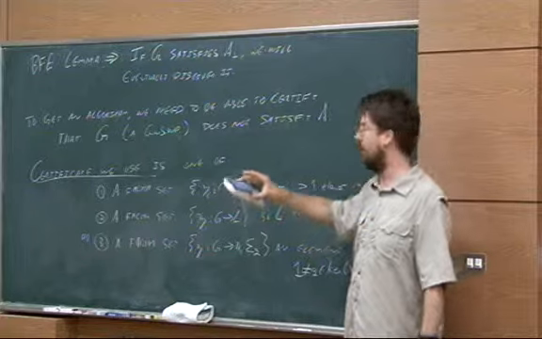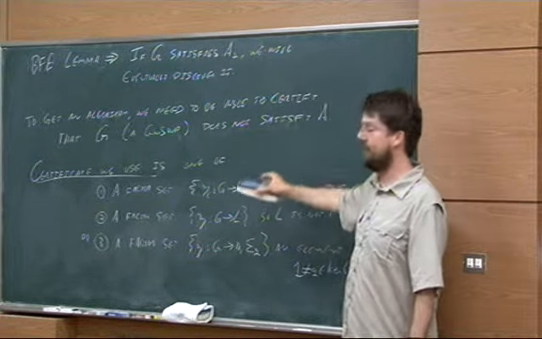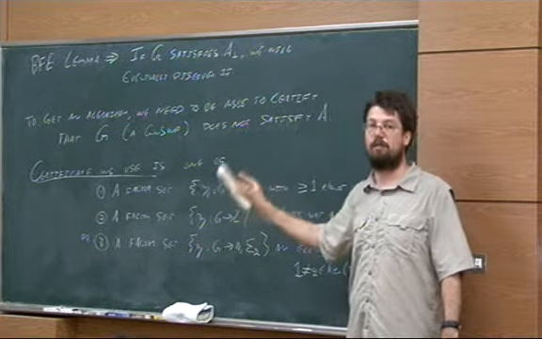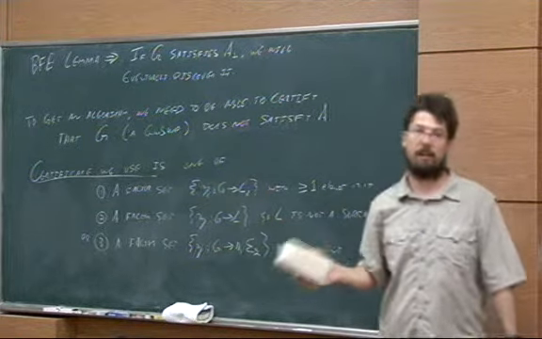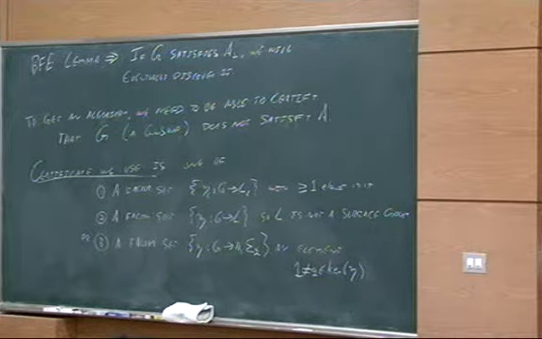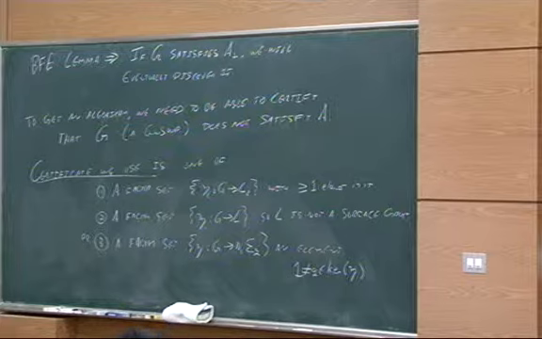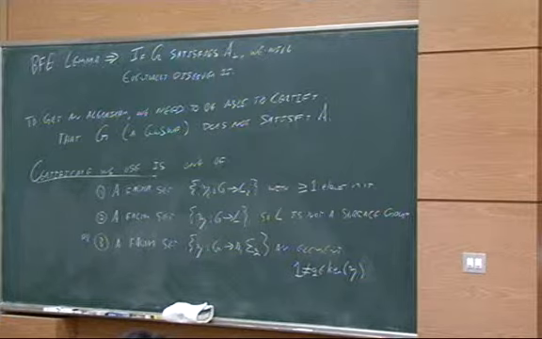Then all we have to do to finish the algorithm is come up with a way to certify that it's not in the class. And these two are separate. This is something we got confused about many times while talking through this algorithm, so that's maybe why I'm overemphasizing it.